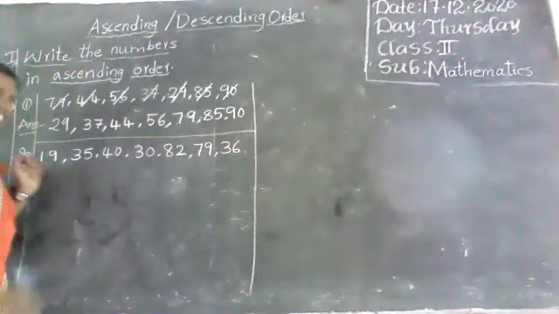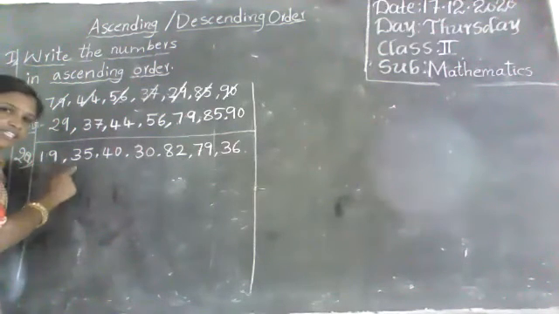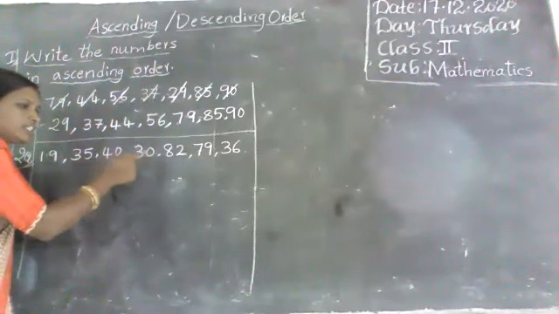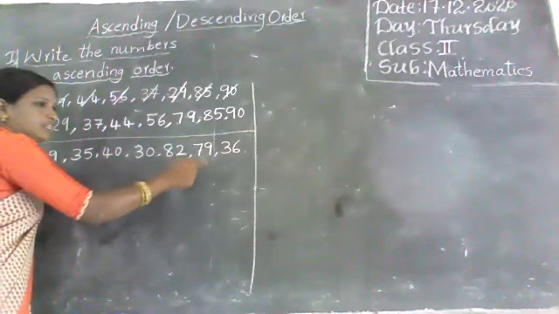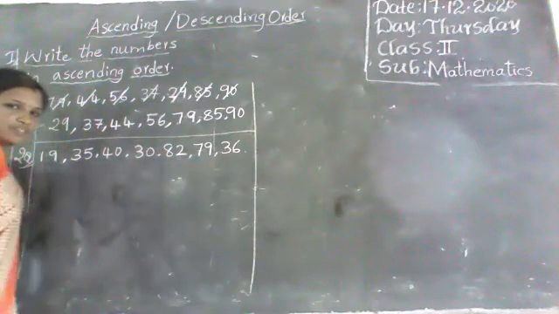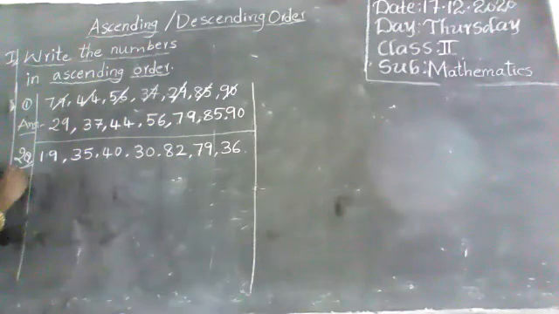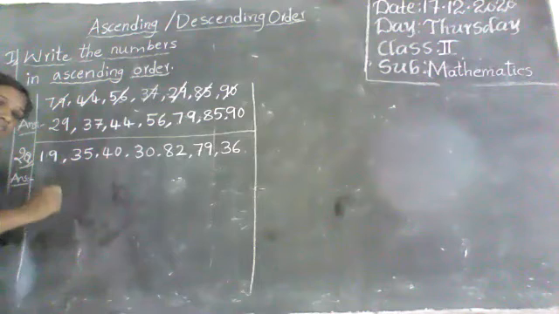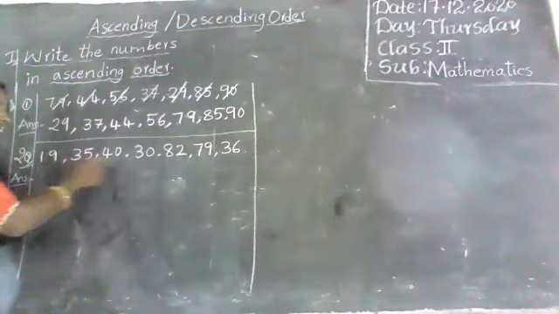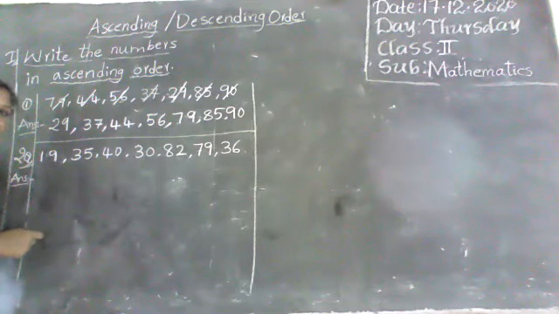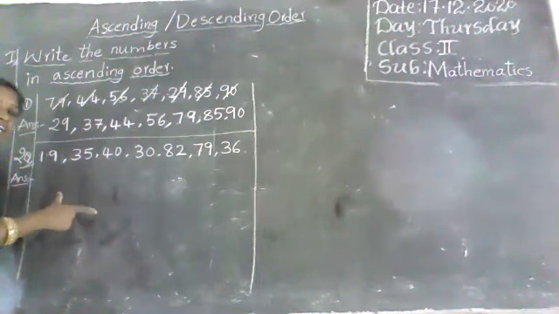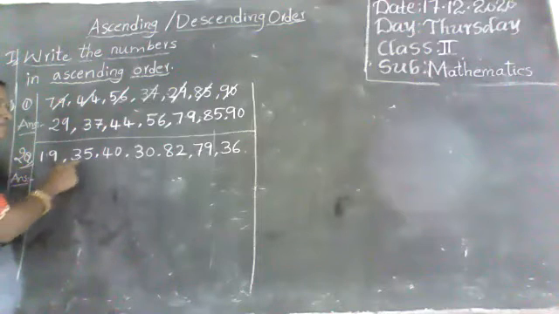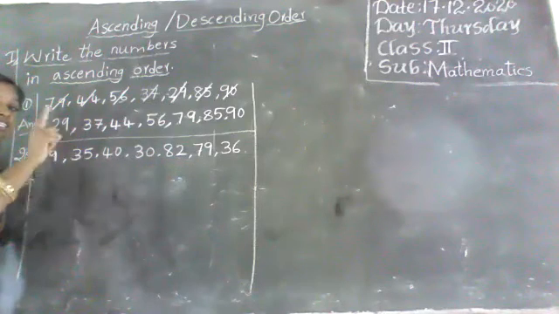Read these numbers once, children: 19, 35, 40, 30, 82, 79, 36. First, which is the smallest number from these numbers?